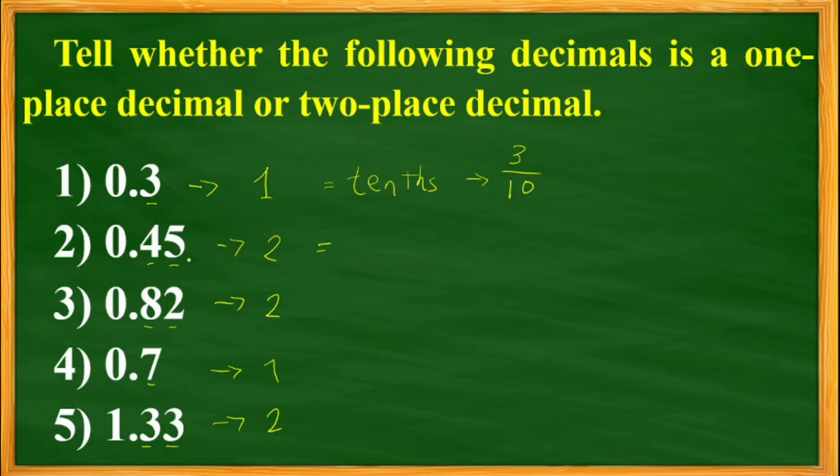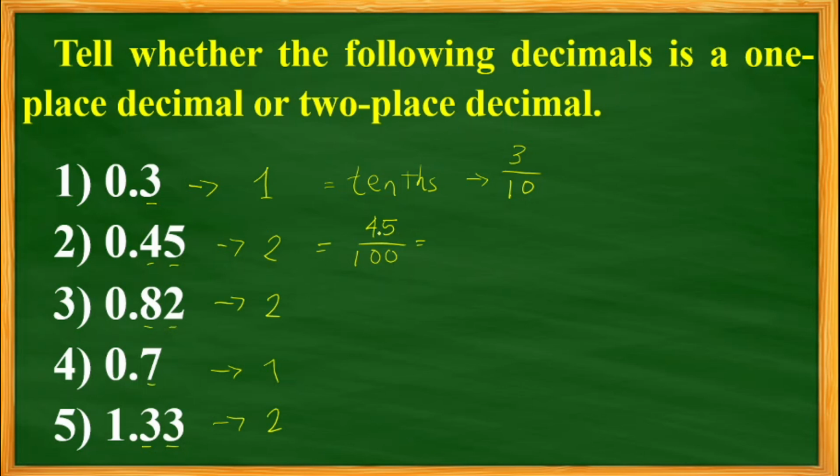Okay, let's try another one. 0.45. So write 45 in the numerator, and then the place value is in the second place, so we have hundredths in the denominator. But take note, you're going to simplify your answer.